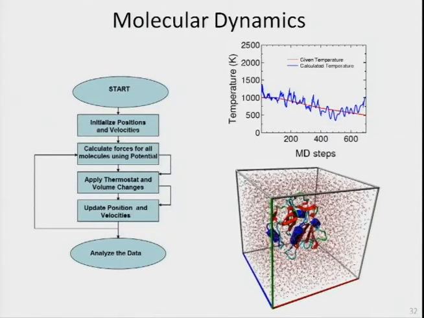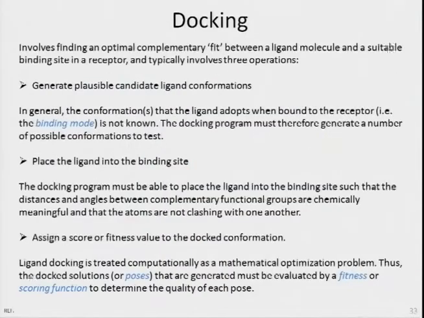And over time, you can actually see how the molecule interacts with its protein. I won't say too much more about that. We don't really have the time to talk about it. It's an important area. It's very useful, I think. But that's molecular dynamics.